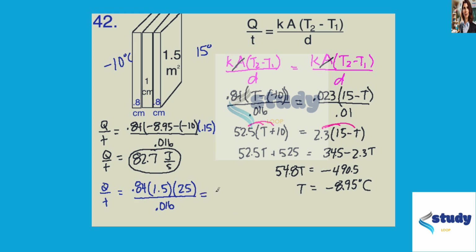So this time I get 1,969 joules per second. So just by adding that little centimeter of air in between, my window doesn't lose nearly as much heat from the house now. They ask us to compare this. This is about 24 times that.